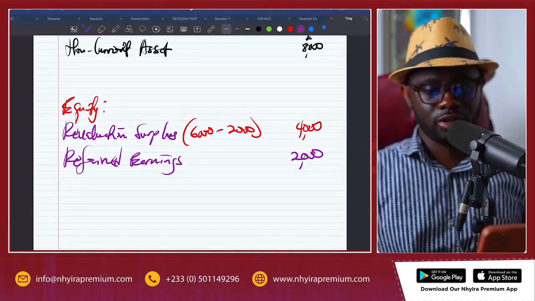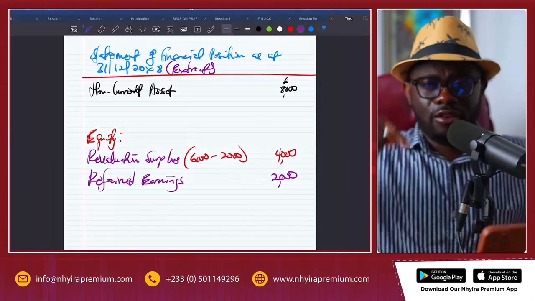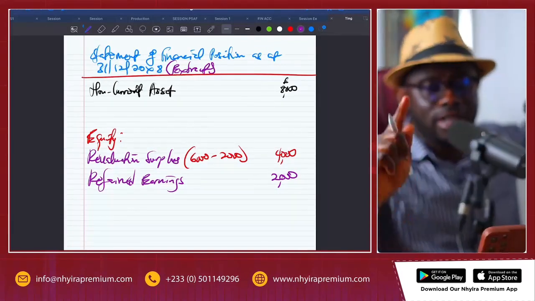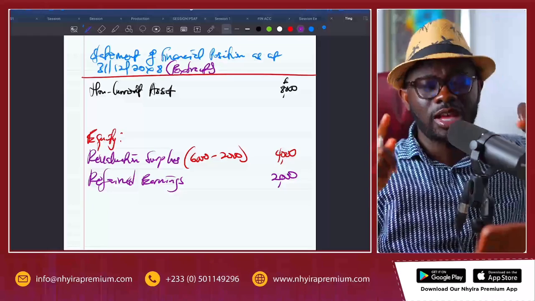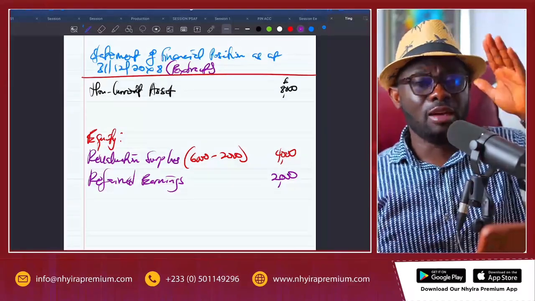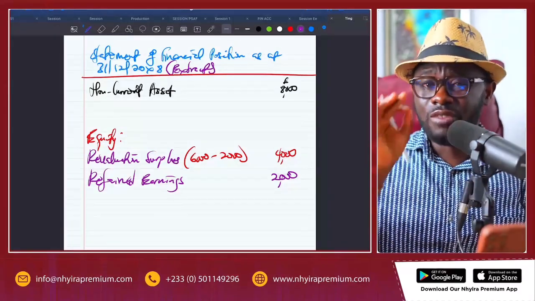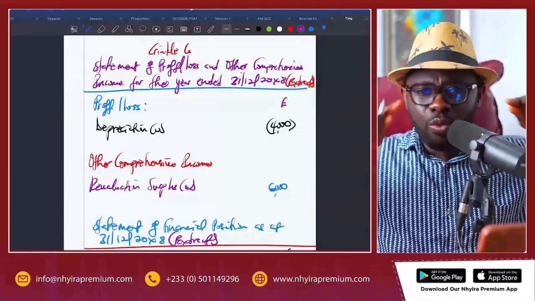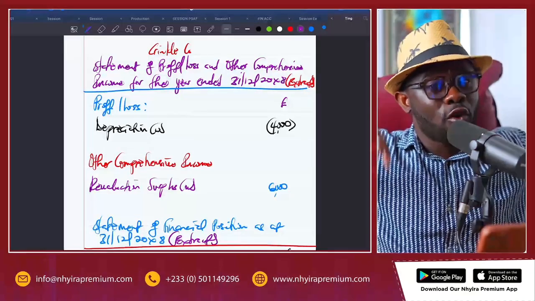Please note, we are doing the transfer for this current year ended 31st December 20X8 because the revaluation was done at the beginning of the year. If they had done the revaluation at the end of the year, we won't do any transfer for that year.